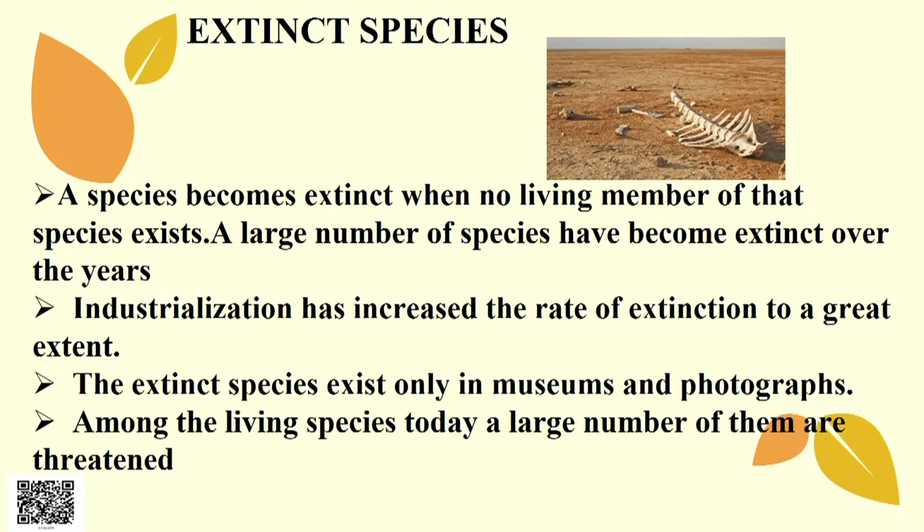Among the living species today, a large number of them are threatened. Several plants and animals are on the verge of extinction, or we can say their existence is threatened, although the threat of extinction varies.